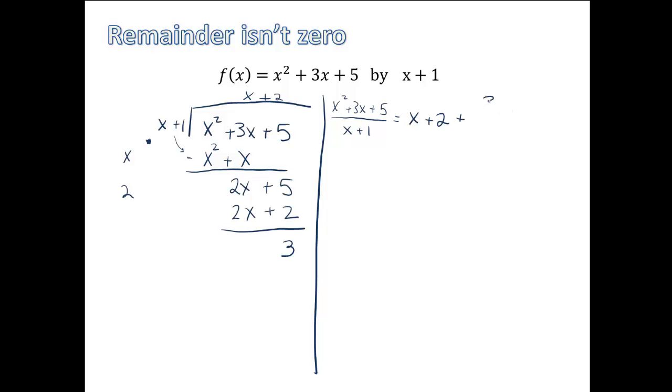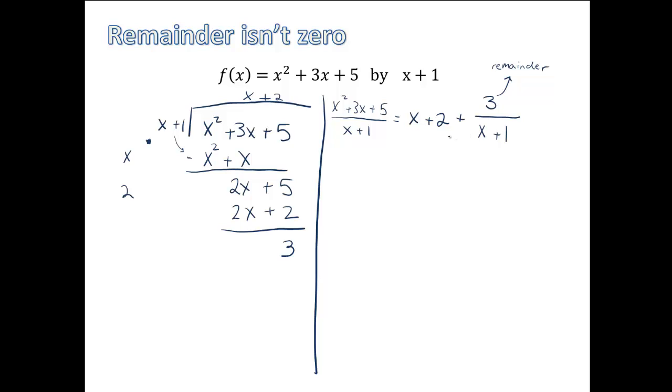So we end up with 3, this is our remainder, over what we divided, and we divided x plus 1. Okay? Okay, so that's one way of simplifying it out.